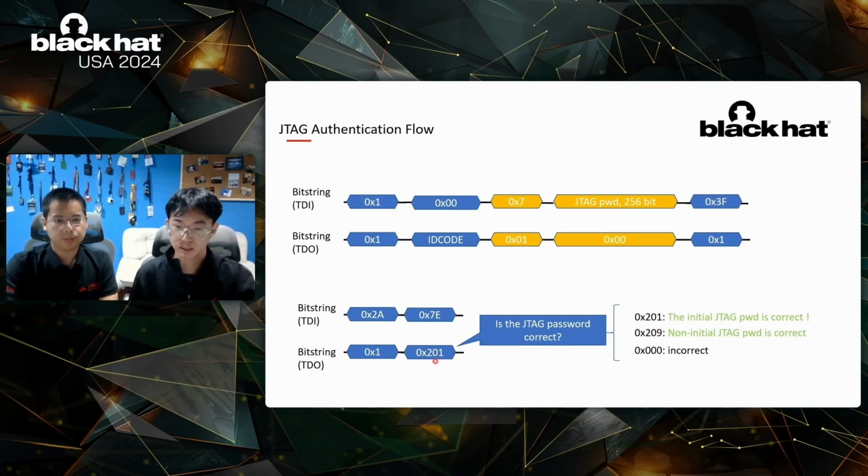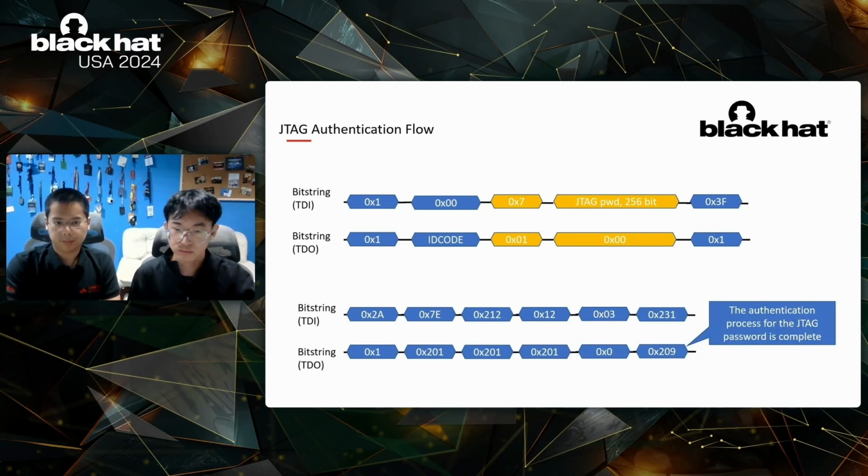Now comes the critical part. If the first JTAG authentication is successful, the MCU returns a 10-bit value of hex 201. With subsequent successful authentications, the return value becomes hex 209. When the authentication fails, it returns 0.